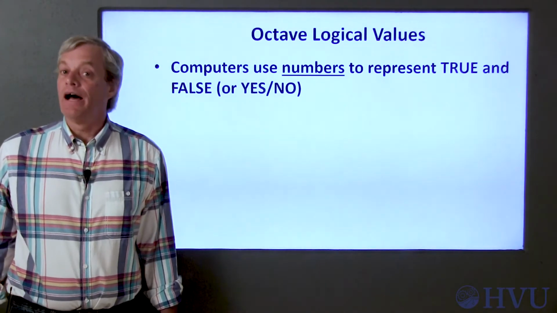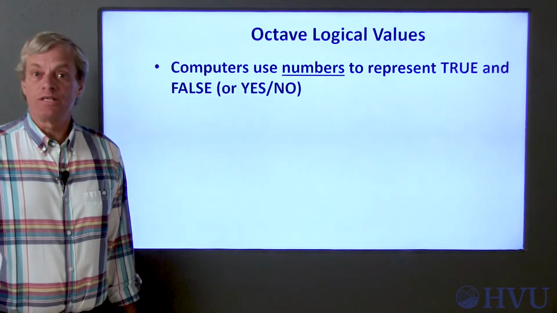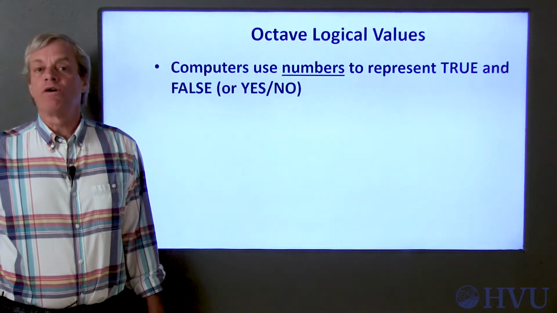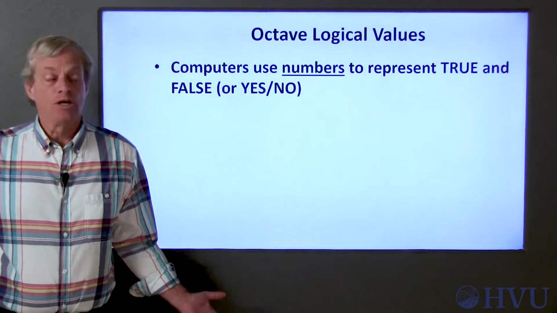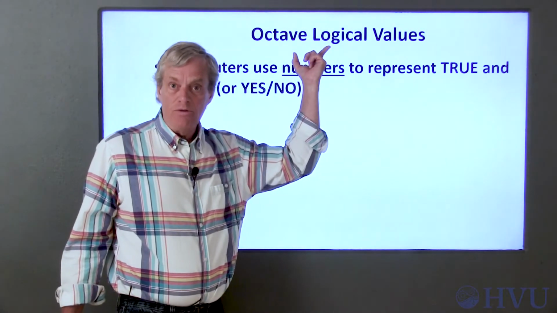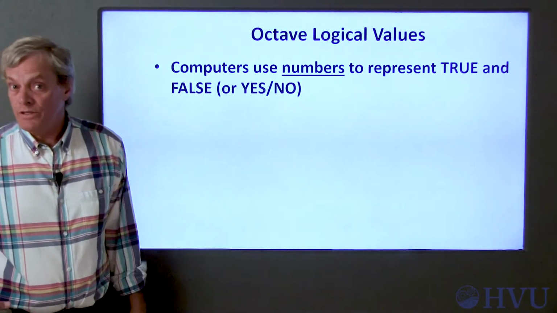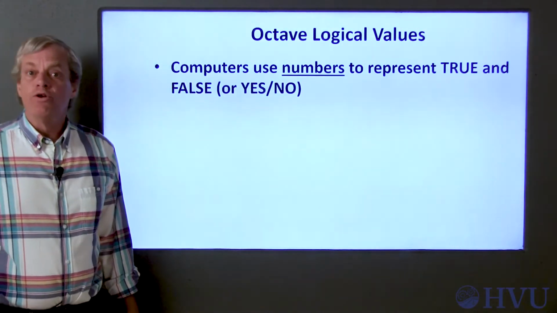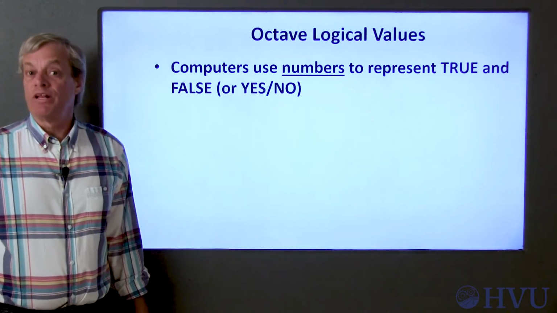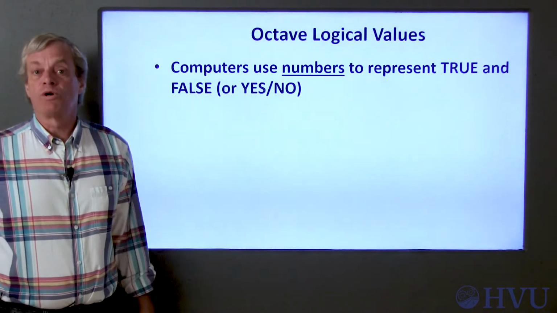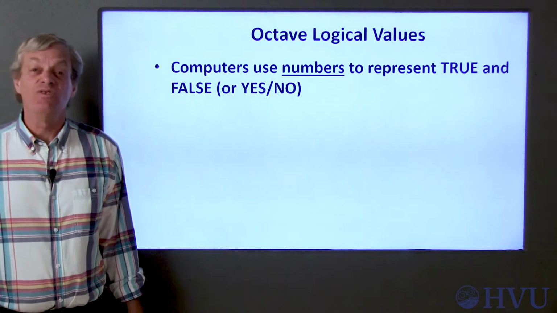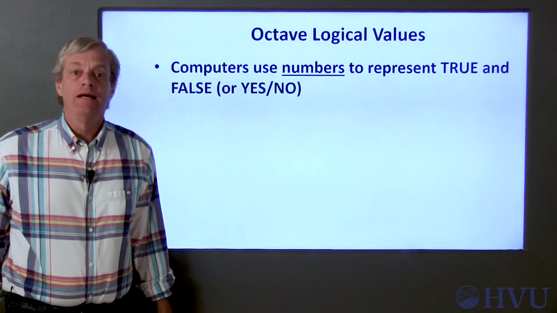Computers represent the concepts of true and false as numbers. These numbers are interpreted as either true or false, so they're called logical values. As usual, only you, the user, know for sure whether a number should be interpreted as a logical value or as a more garden variety number, and you need to use it appropriately.